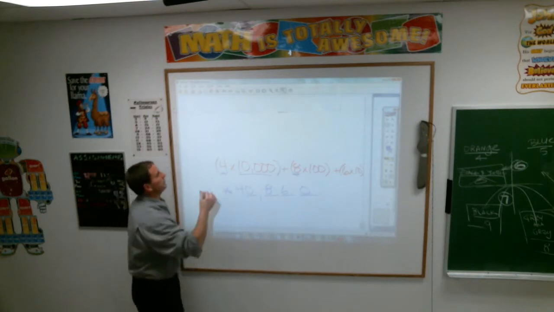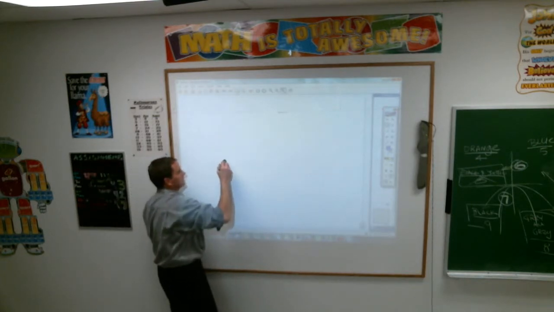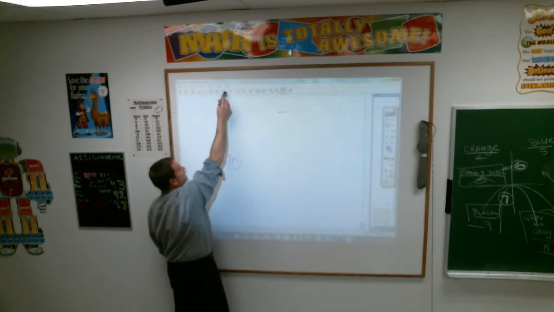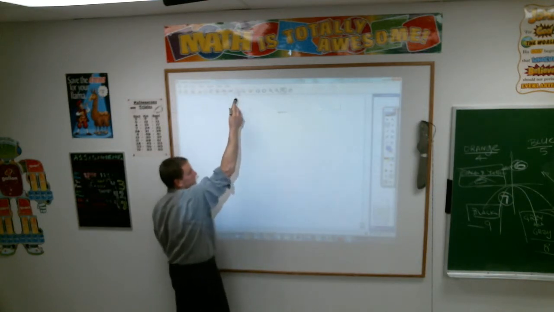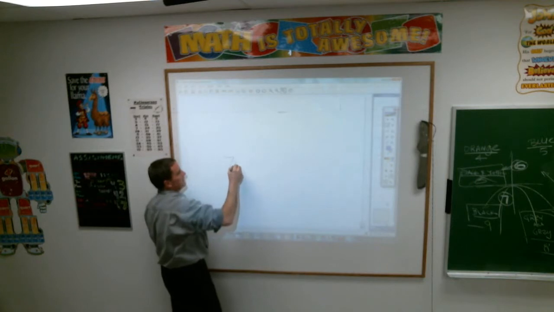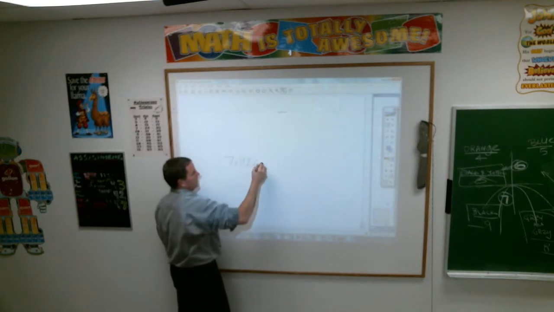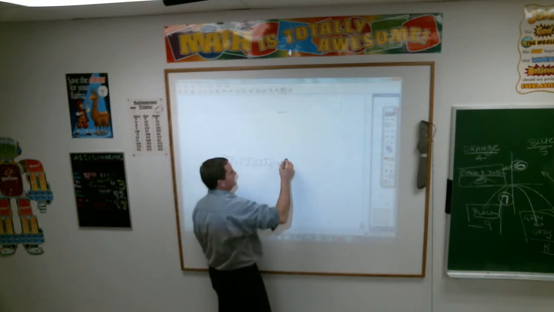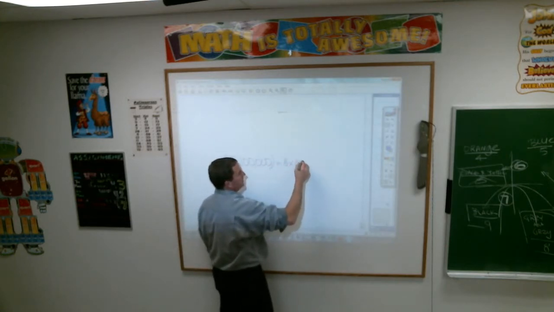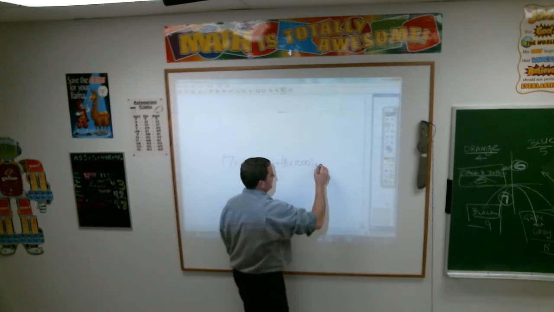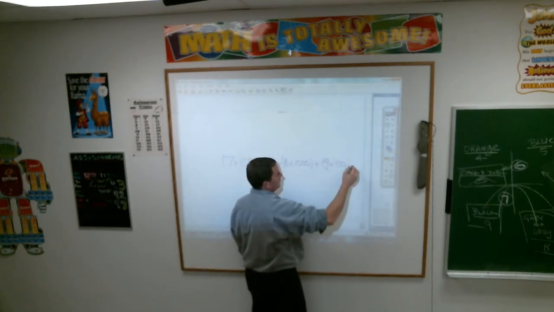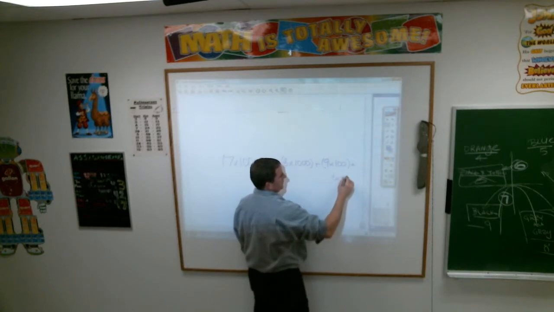One more. Let's do a big one. How about 7 times 100,000 plus 8 times 1,000 plus 9 times 100 plus 6 times 1.